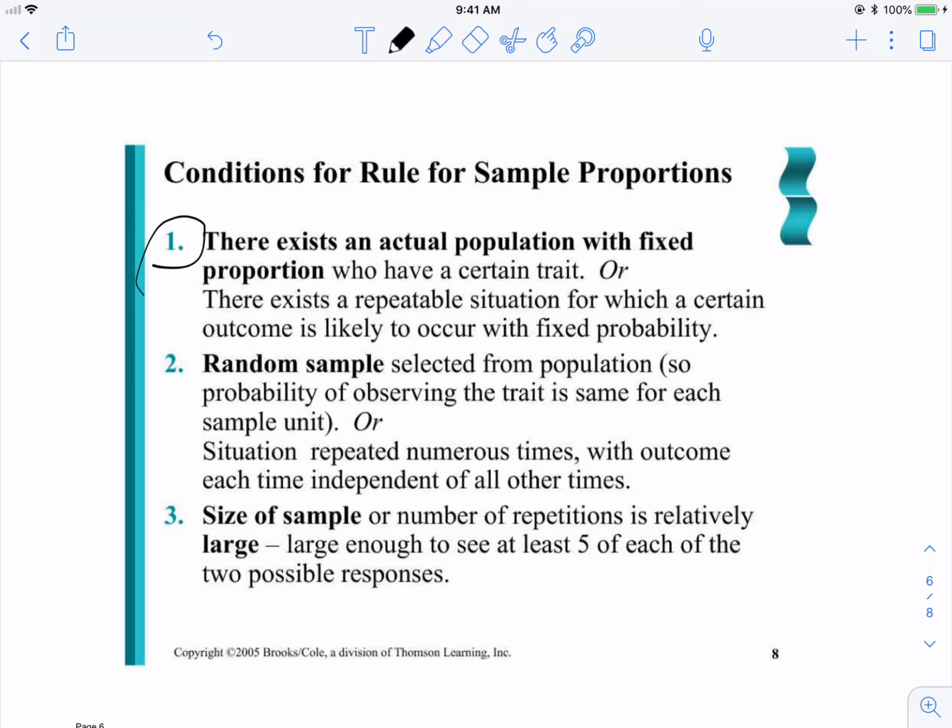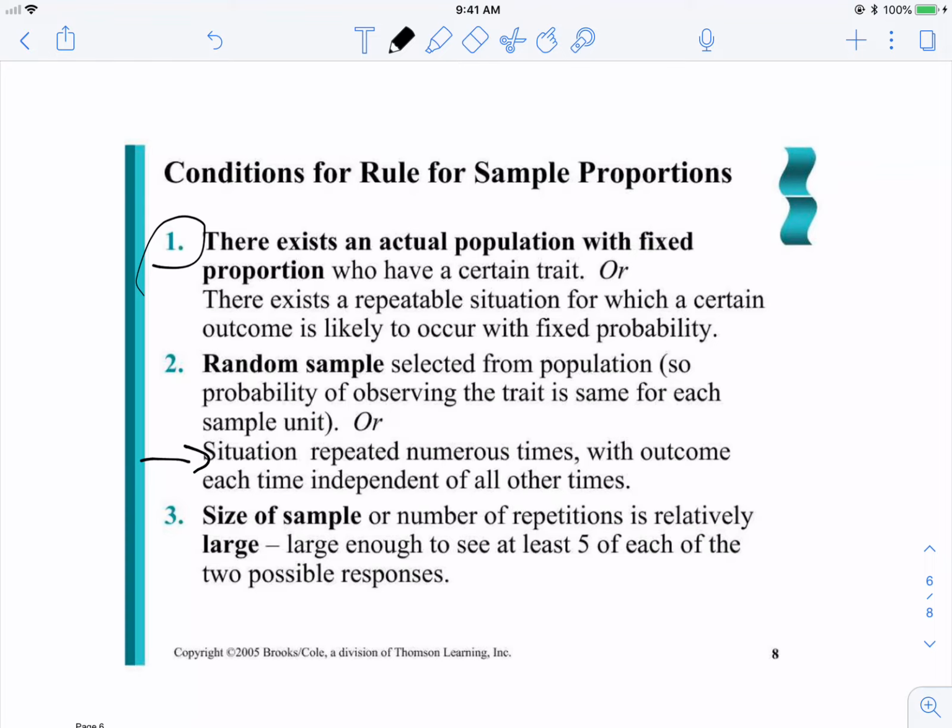You could end up with some pretty significant bias if you're not careful with how you're drawing your sample. The other way: the situation is repeated numerous times, with the outcome each time independent of all other times. So if it's not necessarily random, or if it doesn't make sense for that scenario, there's another back channel for satisfying that condition.